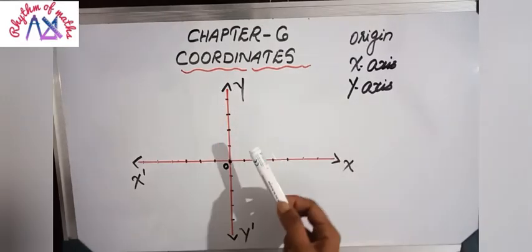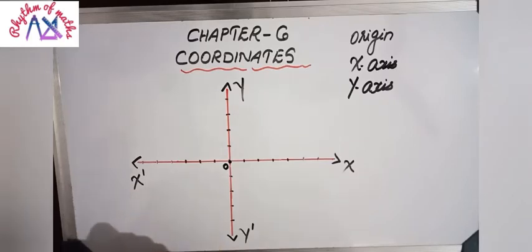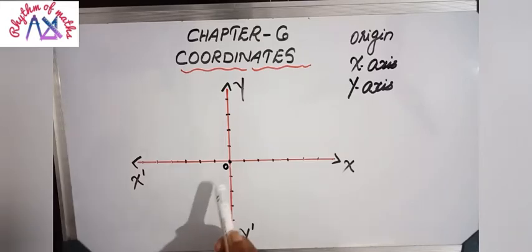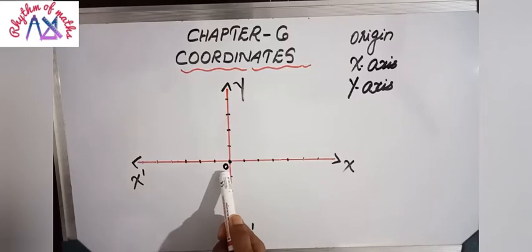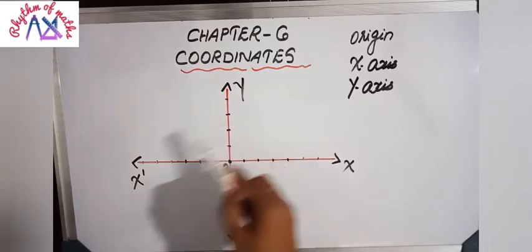Now we can mark points here. Before plotting a point, we have to give the numbers to the x-axis and to the y-axis. We already know how to give the numbers. Always the numbers should start from 0. From the 0 it is spreading to 4 sides.